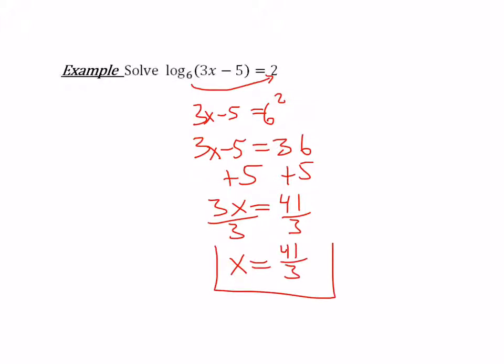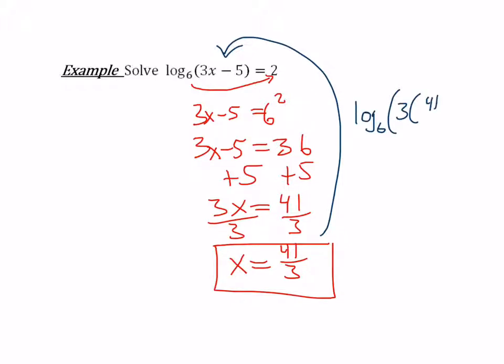Now we do need to check this, because we can't put a negative number or zero inside of a logarithm. So we have to plug this in to see if it makes the inside 0 or negative. Log base 6 of 3 times 41 thirds minus 5.